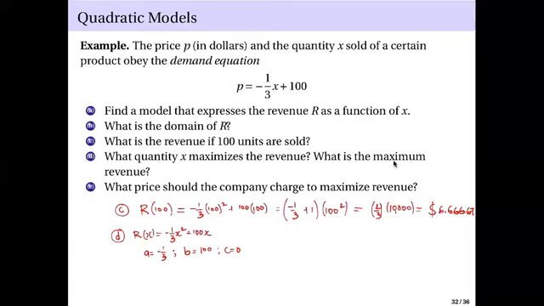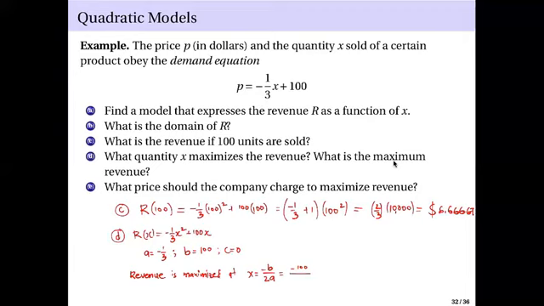Okay. So revenue is maximized at the value h in your vertex (h, k). And therefore, it will be at x equals negative b over 2a. So negative b becomes negative 100 in the numerator.